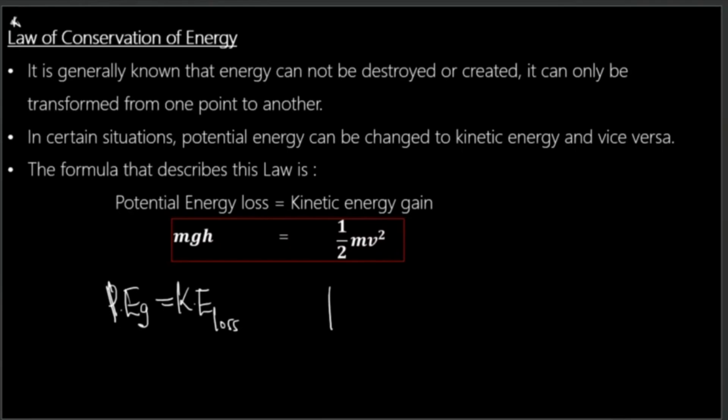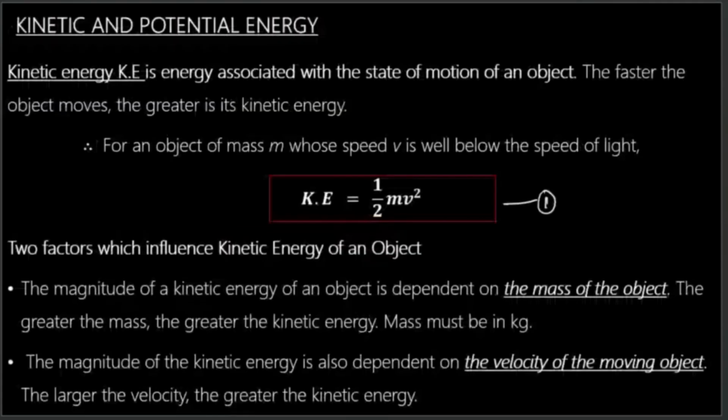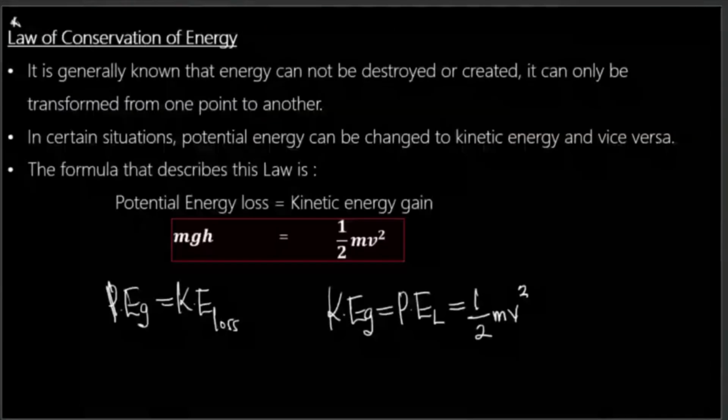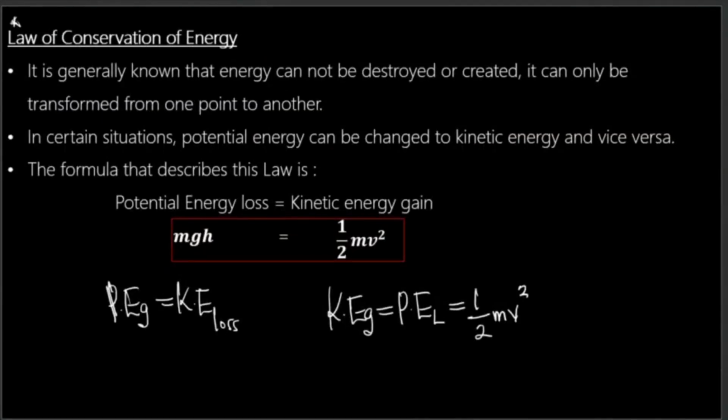And sometimes you might have gain in kinetic energy and loss in potential energy, and then you will now have your formula to be half m what? Mv squared. So this law of conservation of energy principle is what we are going to be basically looking at here in terms of application. So kinetic energy, potential energy, and the law of conservation of energy is combining both.